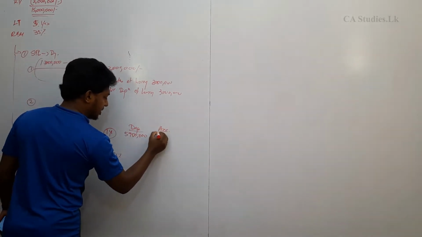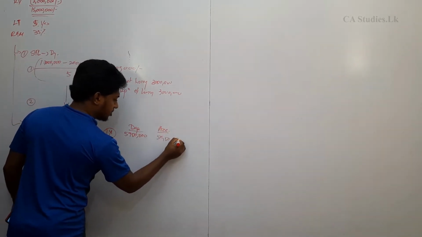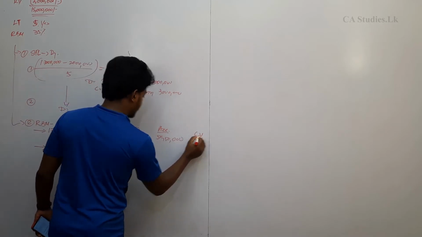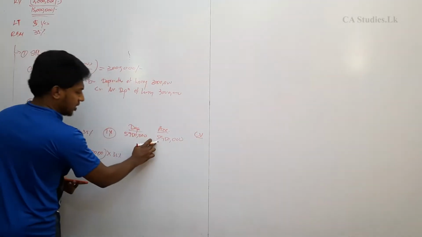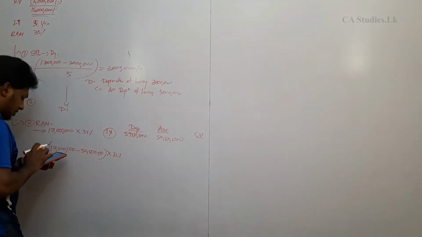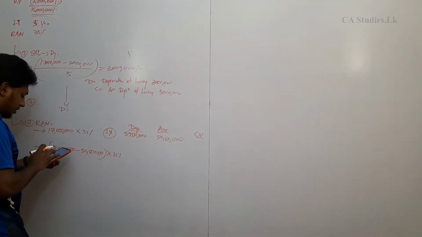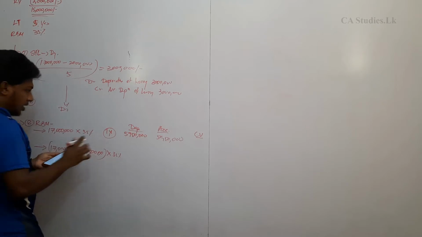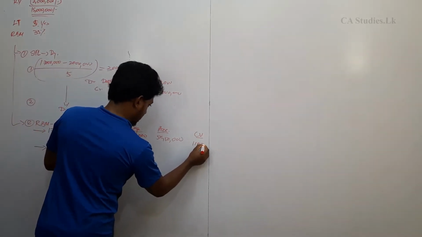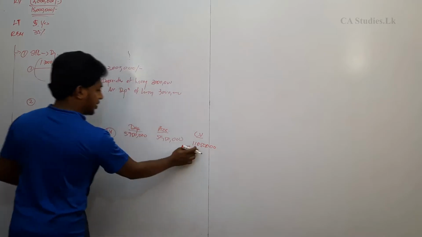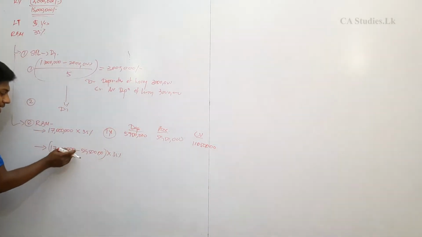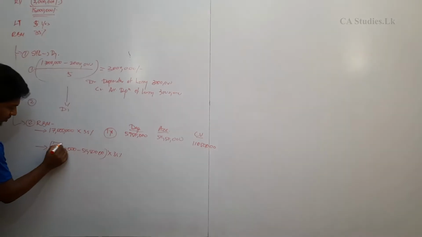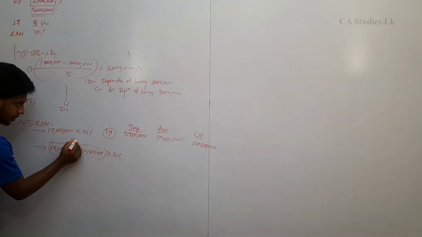First year accumulated depreciation is 5,950,000, so the carrying value is 17 million minus 5,950,000, which is 11,050,000. For this 11,050,000 we calculate the 35% again.